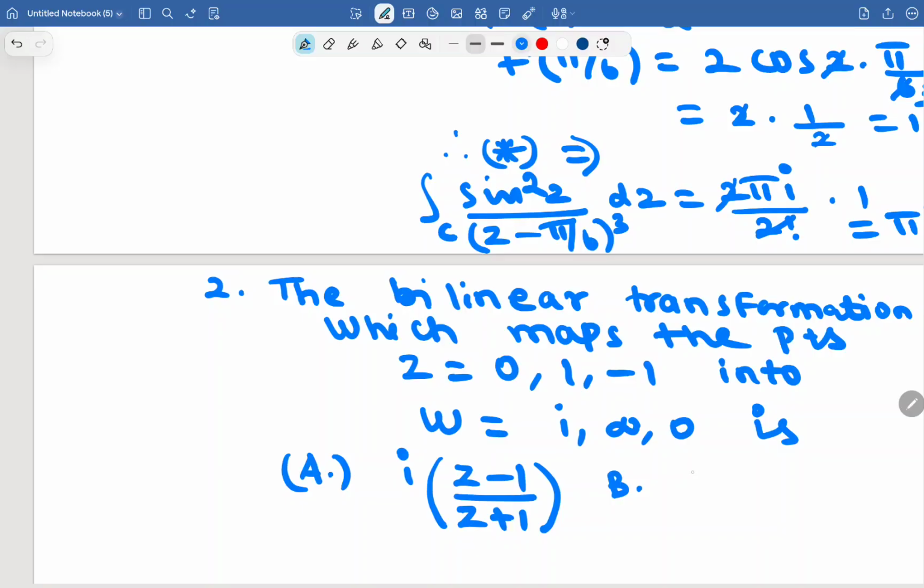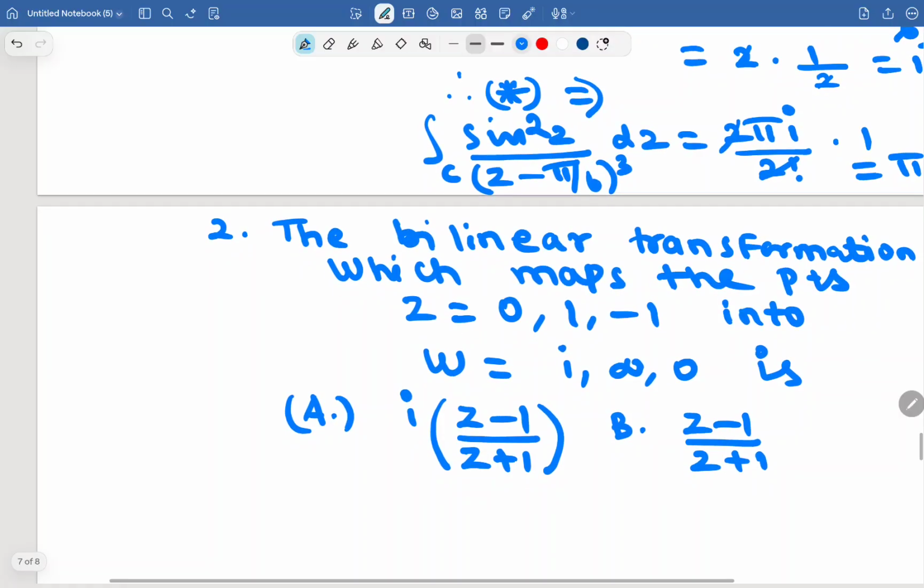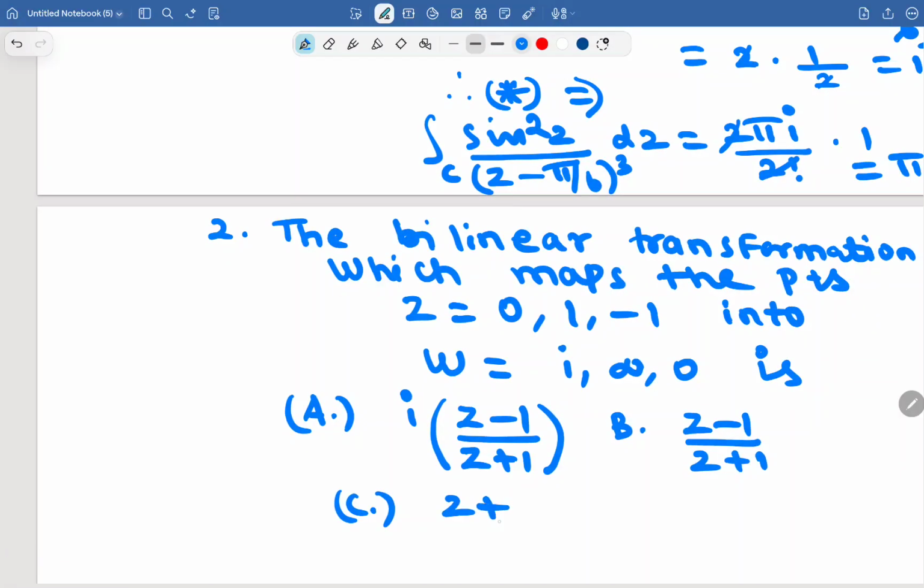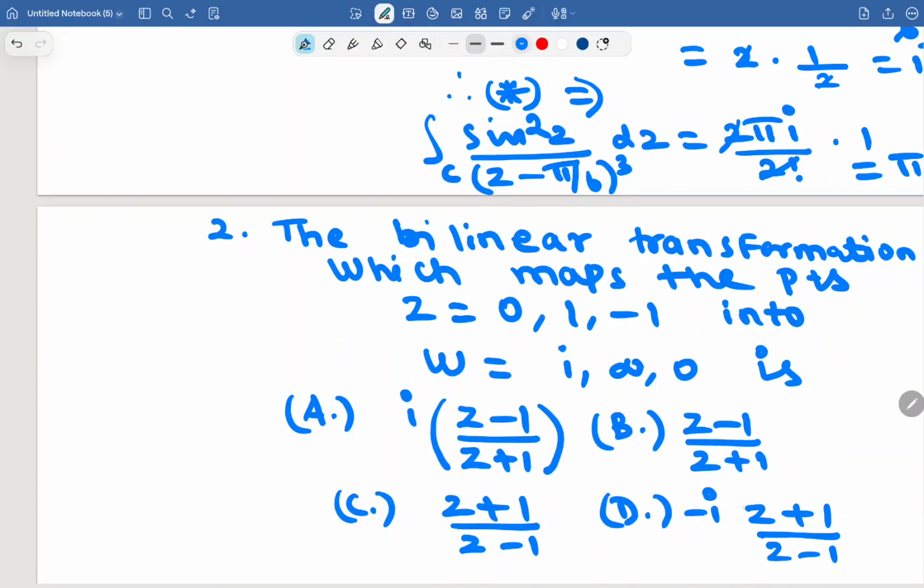Option B, z minus 1 by z plus 1. Option C, z plus 1 by z minus 1. Option D, minus I z plus 1 by z minus 1.